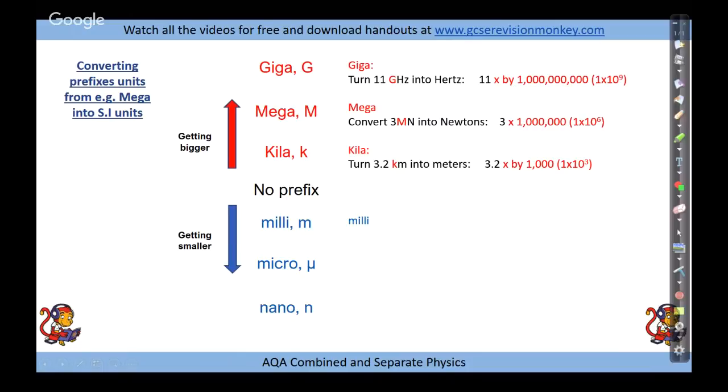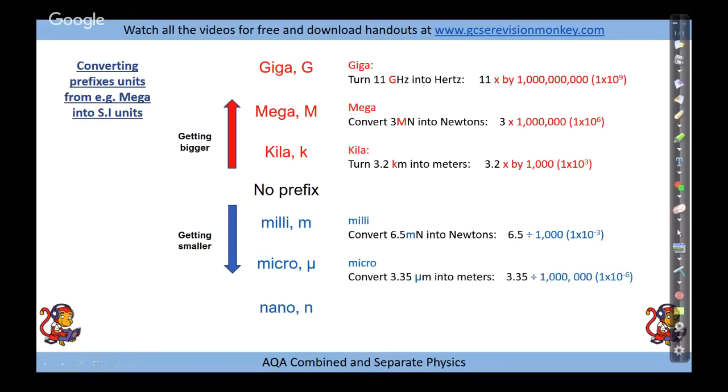Okay, no prefix is obviously what we want. We want all of our SI units just on their own, apart from mass, which comes with a kilo on it. So kilograms is what we want mass to come as. So milli then, milli means divide by 1,000. Turn 6.5 millinewtons into newtons, 6.5 divided by 1,000, or also written as 6.5 times 10 to the minus 3.